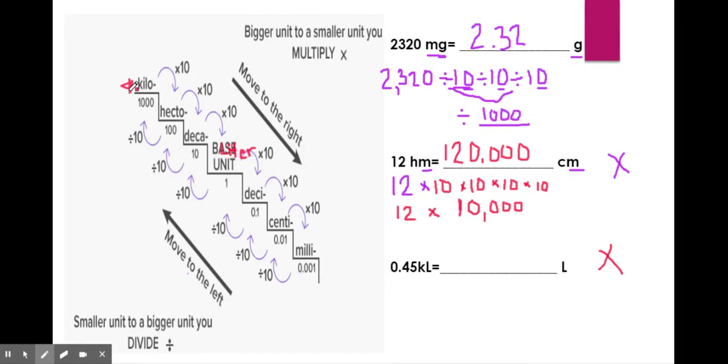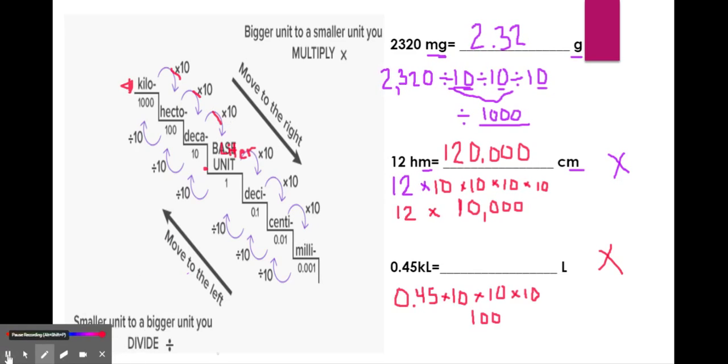And we have liters here at our base, and I'm going to put a dot. Again, we're multiplying. Let's see how many tens we're multiplying by. 1, 2, 3. 0 and 45 hundredths times 10 times 10 times 10 is the same thing as multiplying times 1,000.